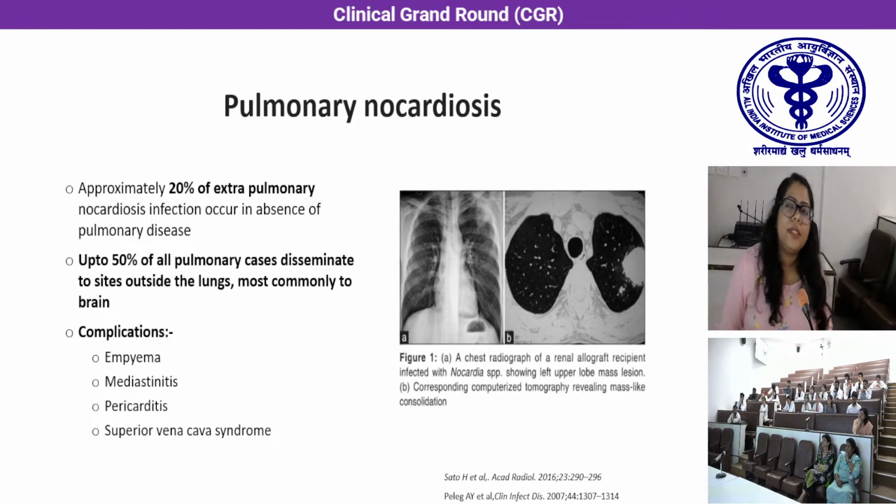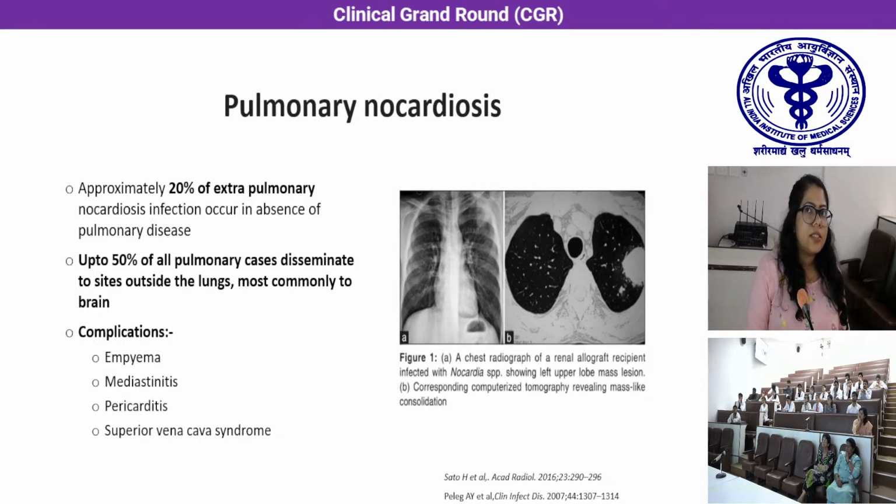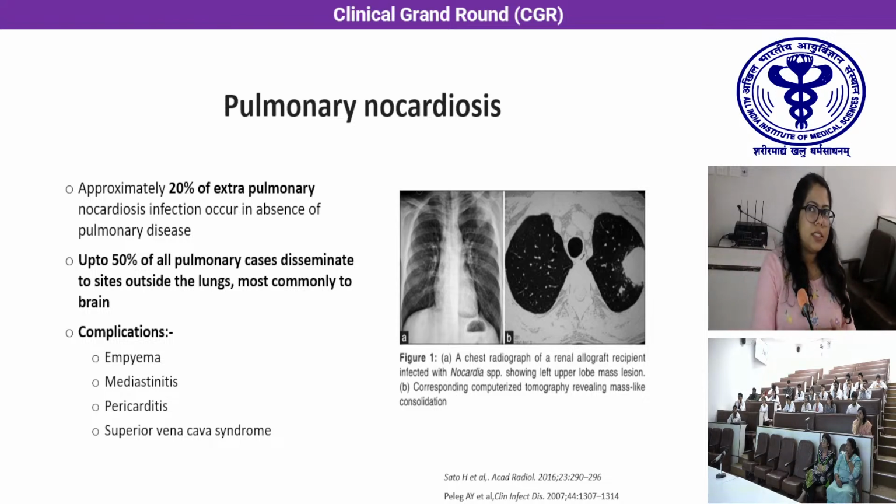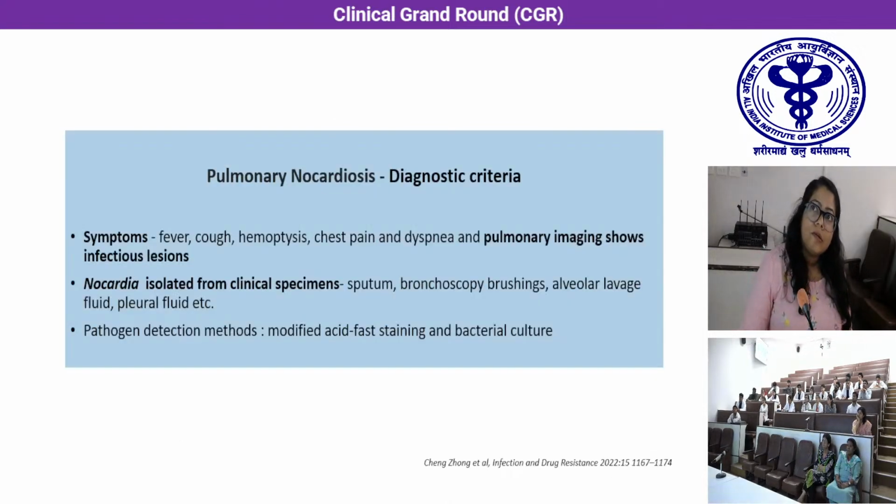Approximately 20% of cases of extrapulmonary nocardiosis can occur even in the absence of pulmonary disease. Out of the 50% of cases of pulmonary disease, they can disseminate to other sites, the major site being the brain. Complications such as empyema, mediastinitis, and pericarditis can also occur in patients.